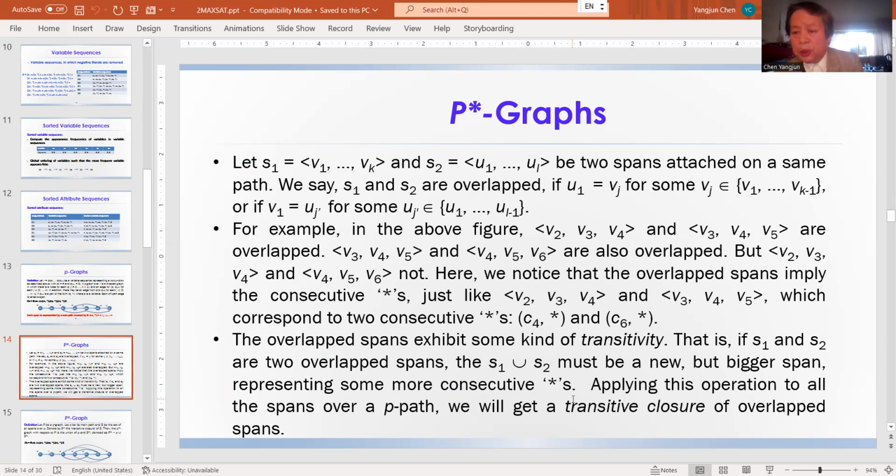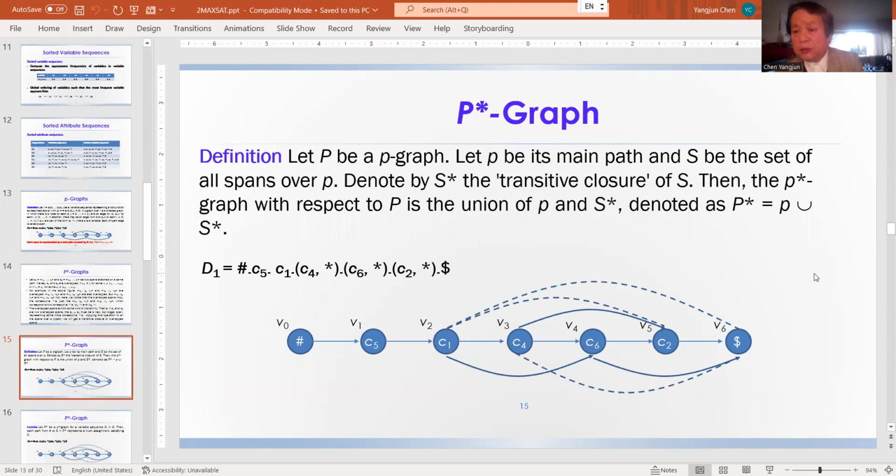Then our purpose is to find the transitive closure of all the overlapped spines. In this way, we can define P star graph as a main path plus the transitive closure of all the overlapped spines of the corresponding P graph.